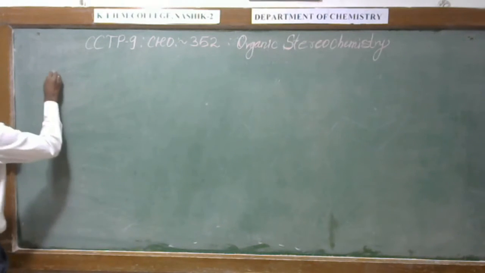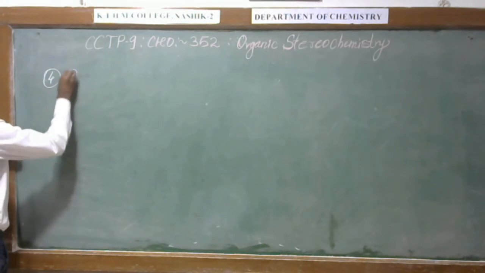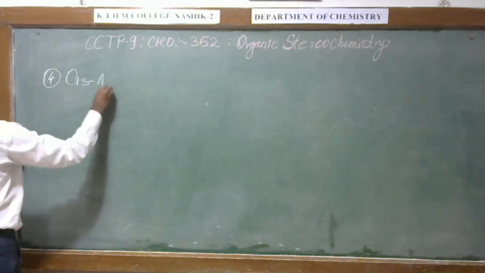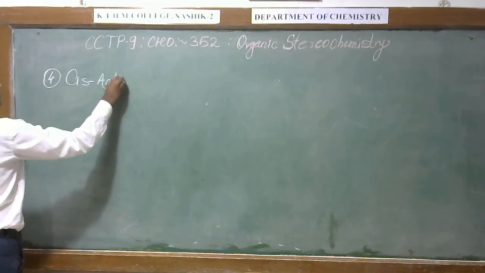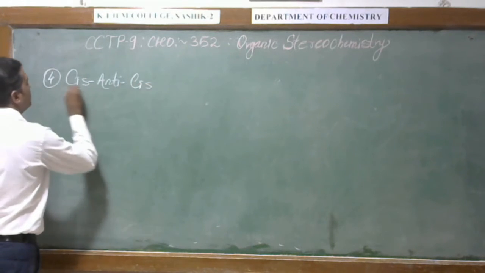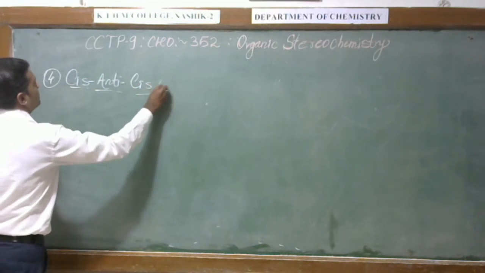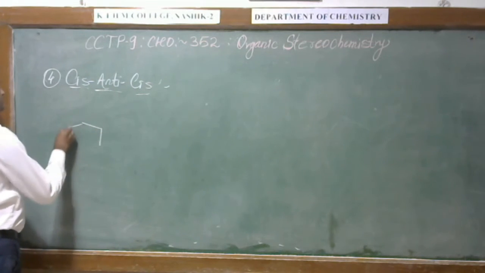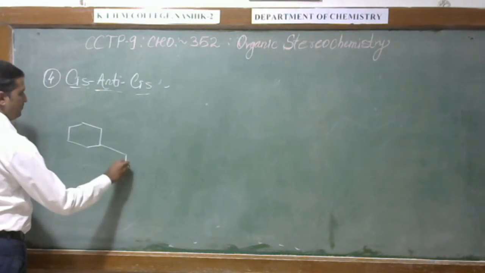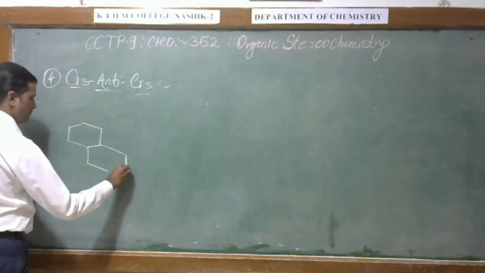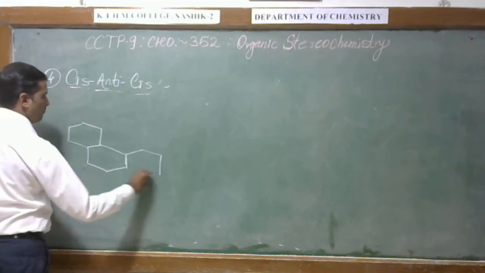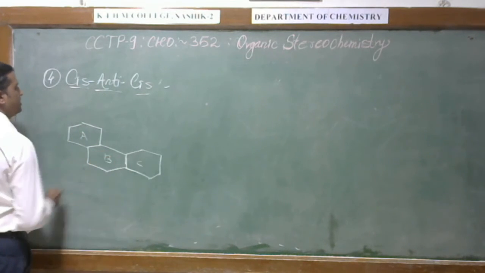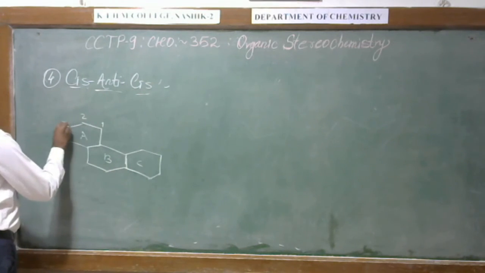Next, fourth conformation is Cis-Anti-Cis perhydrophenanthrene. The simple representation is like this, where A, B, C, three rings are connected with each other.